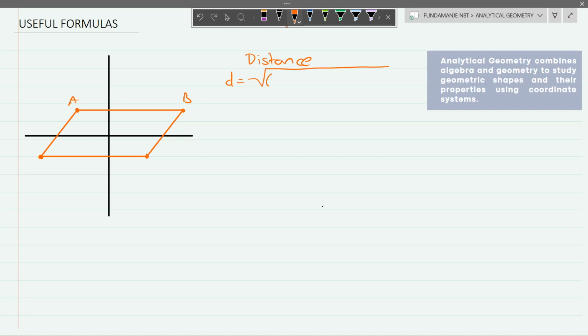take the square root of, since this is a coordinate system, we have XA here and YA, and then we have XB and YB.